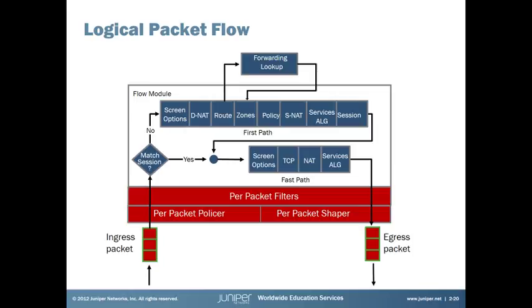Have I already got a session that is coming from an address to an address with a protocol using port numbers that this particular packet is also using? If the answer is yes, then it goes through this fast path processing. We apply screen options, and we're doing NATting if we need it.